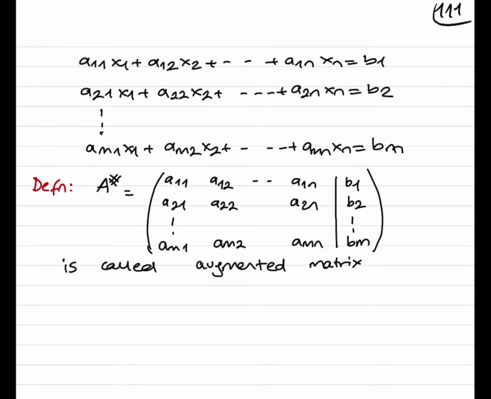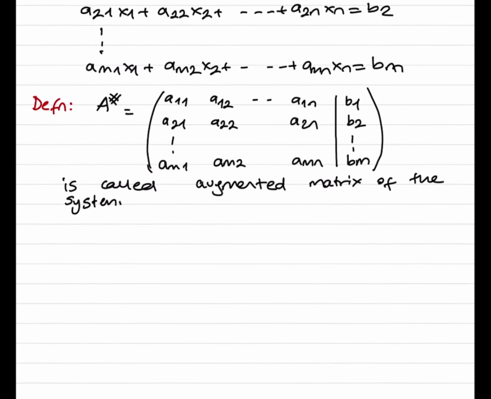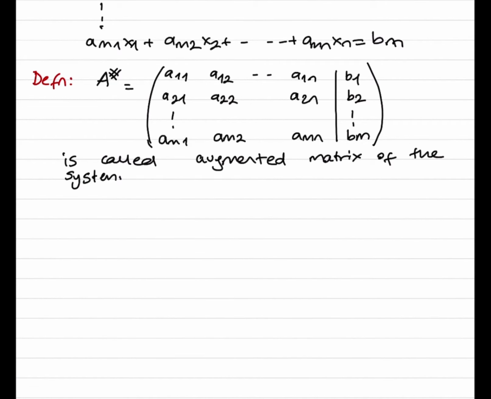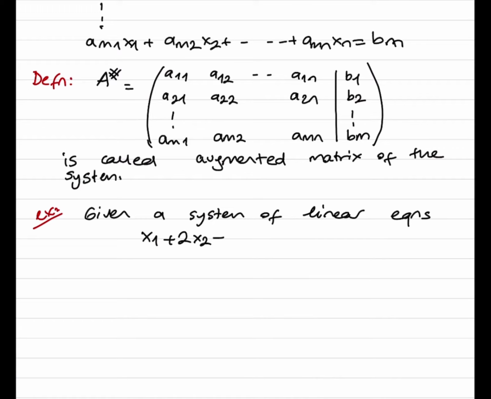So in the exam I also usually ask to find the augmented matrix of the system. So what I mean is, for example, given a system of linear equations, let's say we have x1 plus 2x2 plus 9x3 minus x4 is equal to 1.